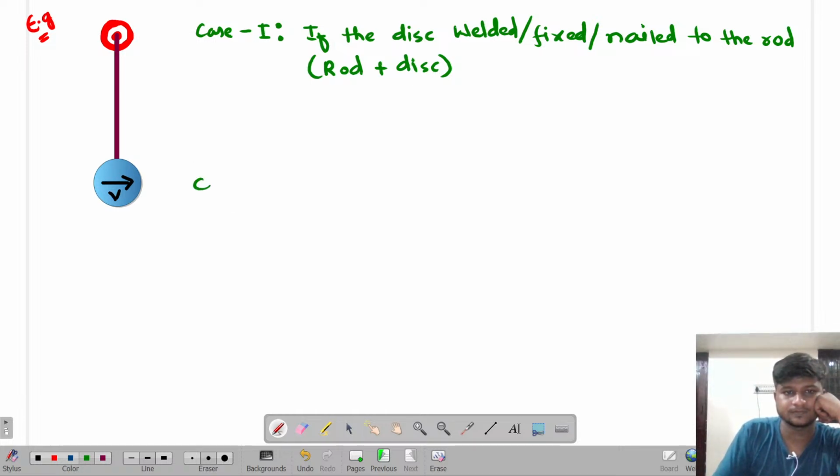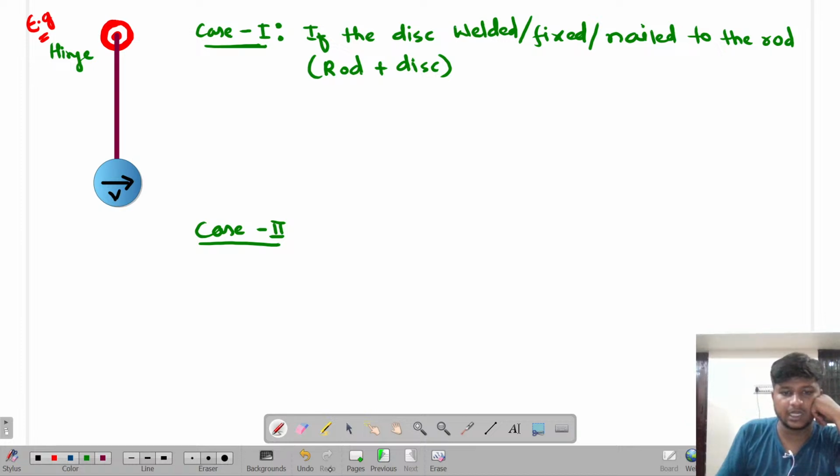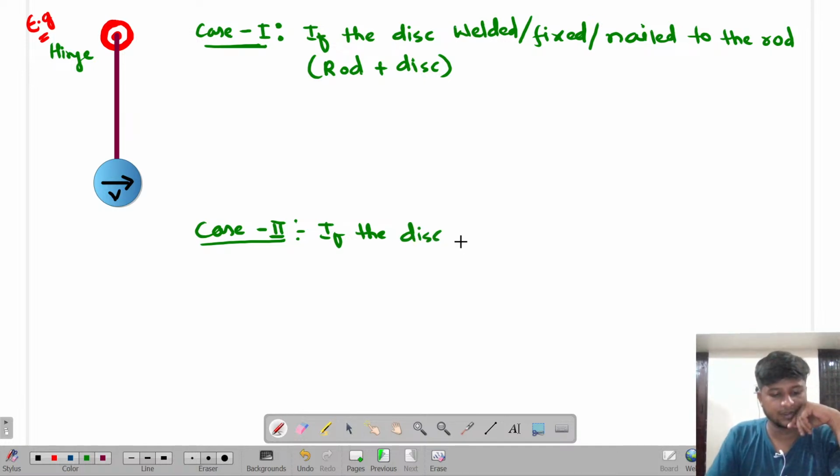Case 2. We'll write it here a little bit more down. Okay, this is my hinge, and in case 2, what is happening? If the disc is hinged to the rod, got it or not?